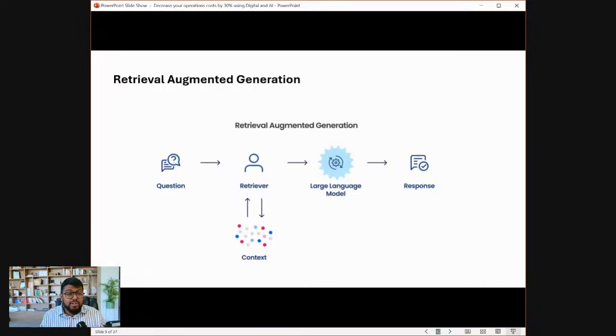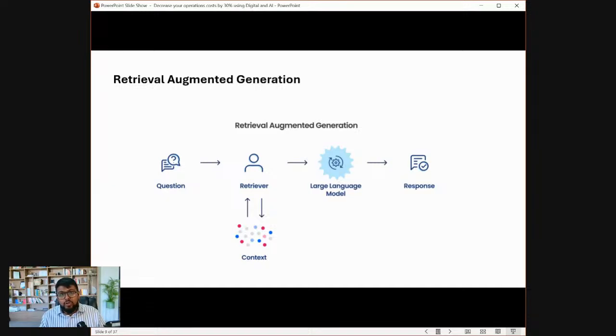So with retrieval augmented generation, you can place a retriever and place a context. This context can be your organizational documents, your procedures, your policies, your CRM database, your inventory management system, whatever it is, so that when you ask a question, rather than ChatGPT going into its own memory and coming up with an answer, this retriever will fetch the information directly from your database, from your SharePoint, Google Drive, Dropbox, your files, your videos, your audios, take that information and put it into the large language model, and then the large language model is going to provide a response accordingly.